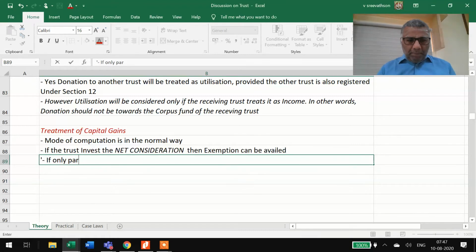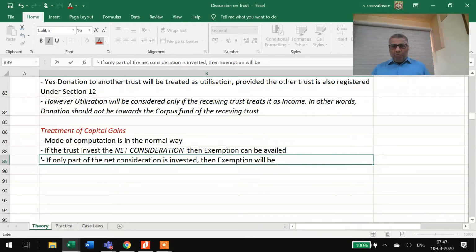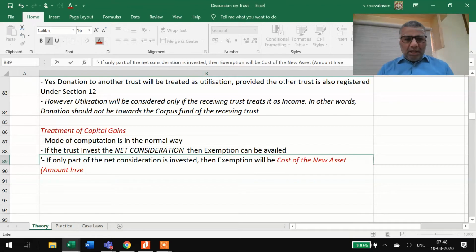If only part of the net consideration is invested, then the exemption will be cost of the new asset, that is amount invested, minus cost of the old asset.